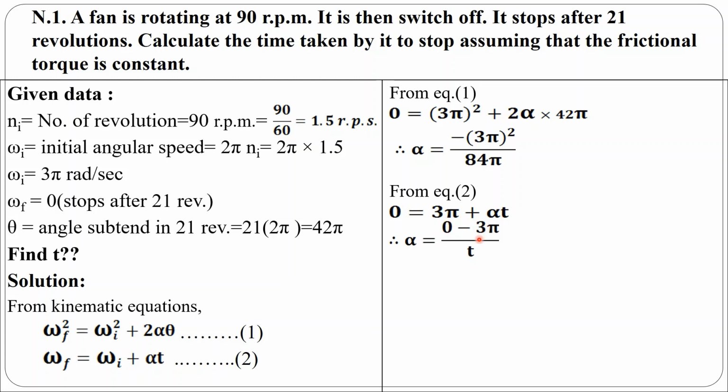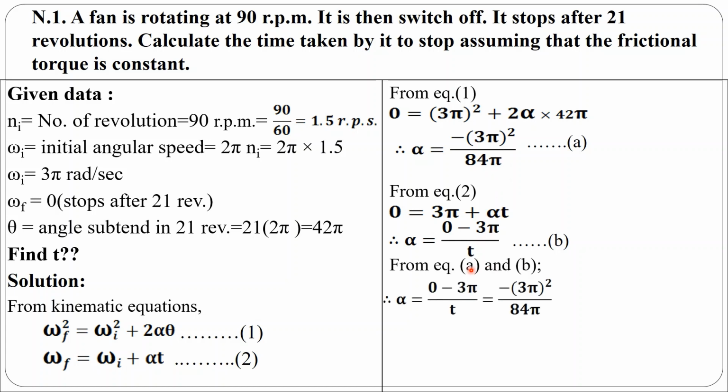As we have seen in equation A and equation B, the left hand sides are equal, hence the right hand sides must be equal. So alpha is equal to 0 minus 3 pi divided by t, which is equal to minus (3 pi) squared divided by 84 pi.